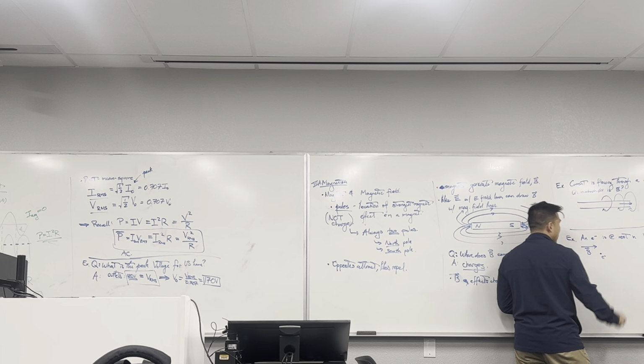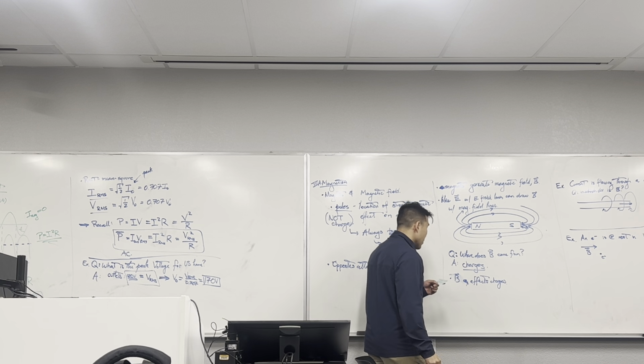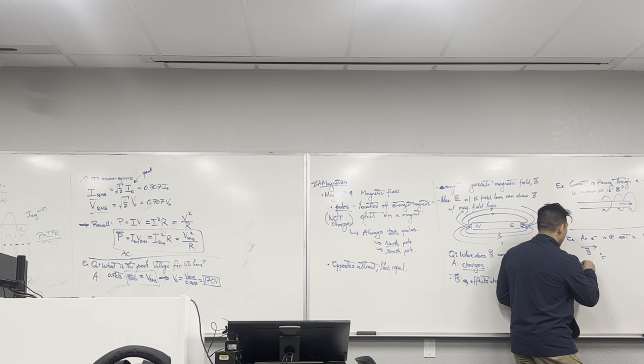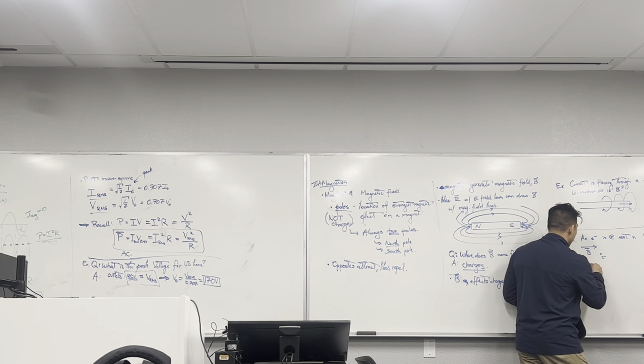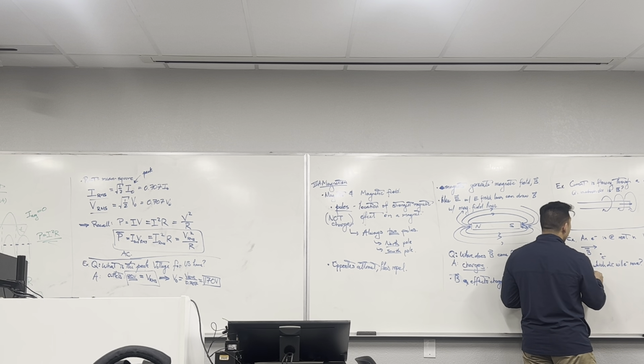Here is our electron. In which direction will the electron move? If the magnetic field is to the right, will the electron move this way, that way, up, or down?